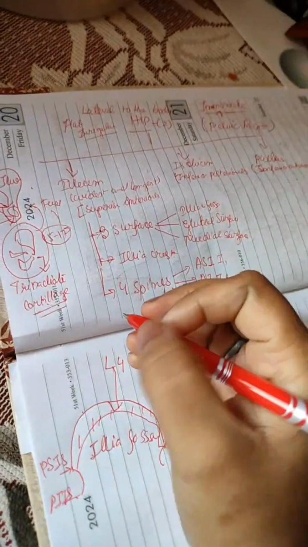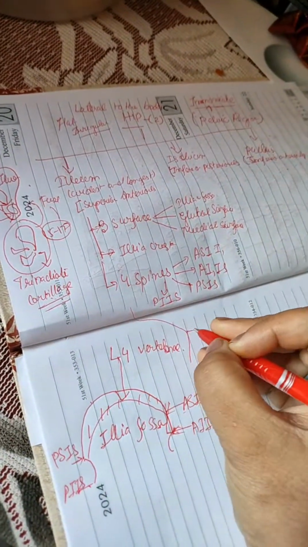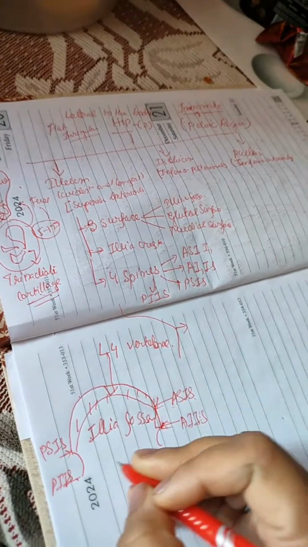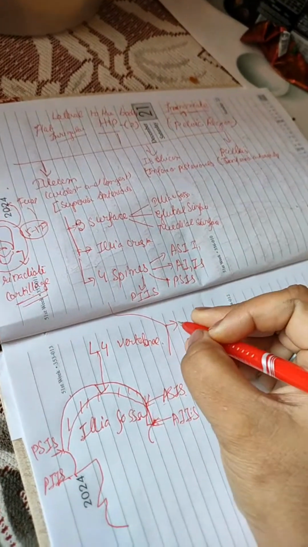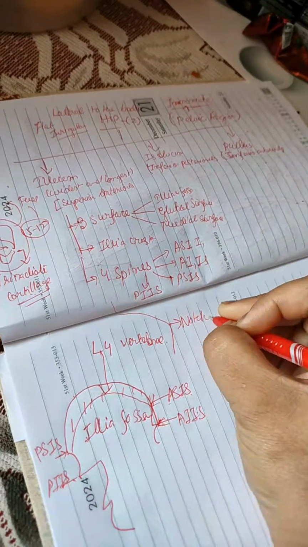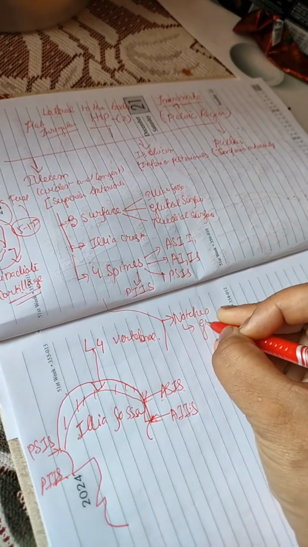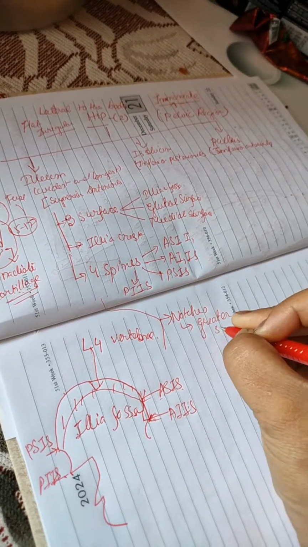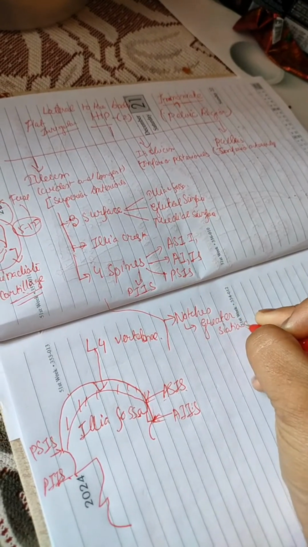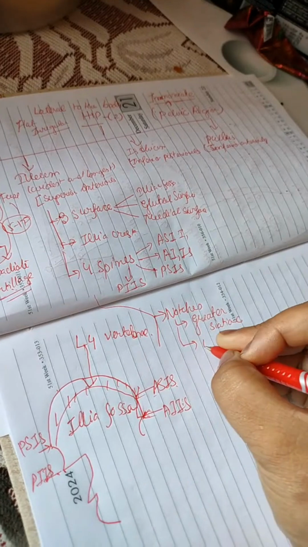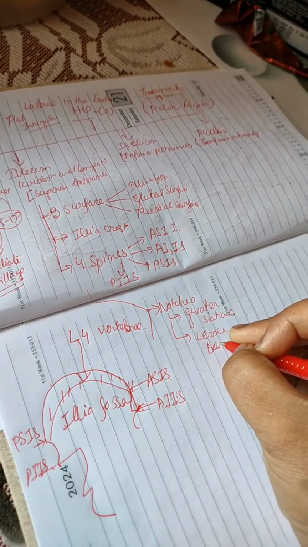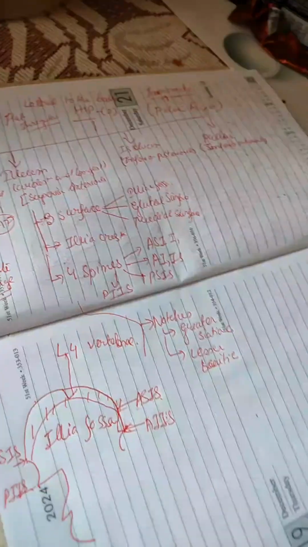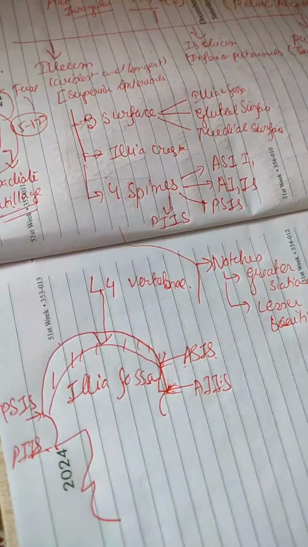Now, when we move to the back side, posteriorly, we get two notches like this. The first one is called the greater sciatic notch, and the second one is the lesser sciatic notch. Why are these called greater sciatic and lesser sciatic?